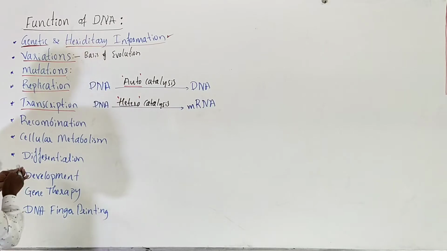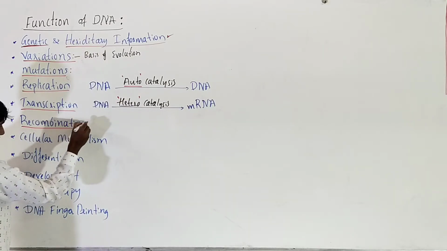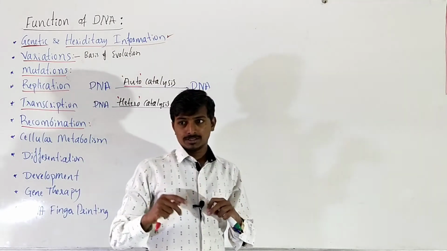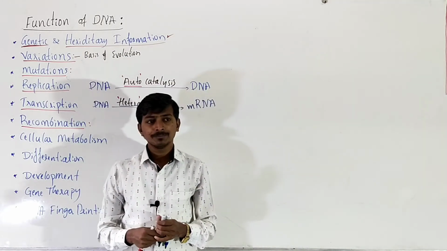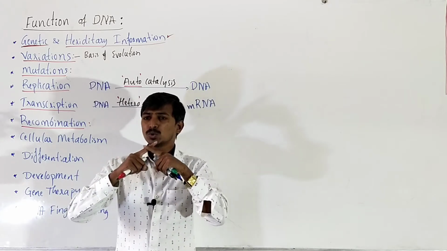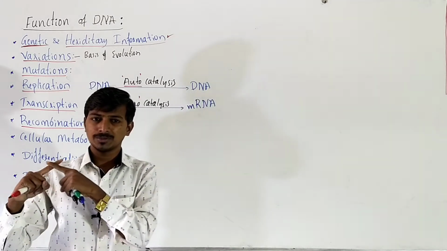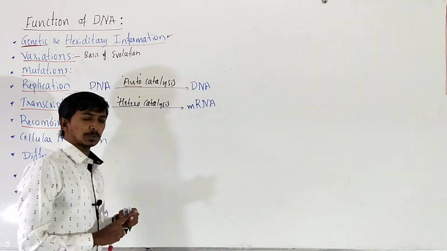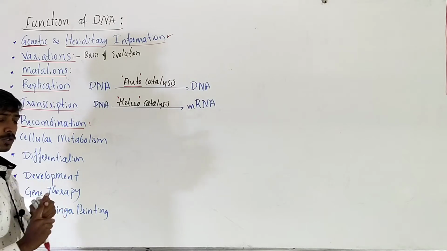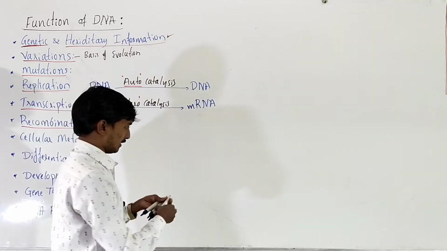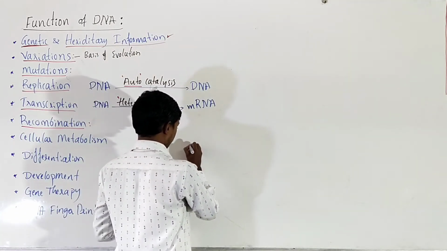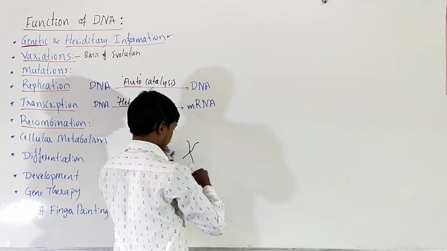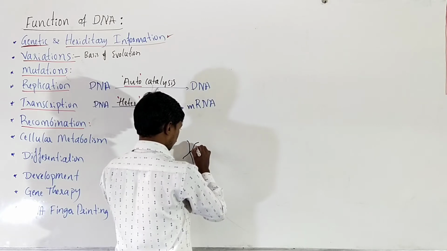Next, recombination. It means during meiosis, there will be a crossing between two chromosomes. One chromosome will be from the father, one will be from the mother. In that process, the two chromosomes will exchange their genetic material. For example, I will just draw a diagram: chromosome with two arms, chromosome with two arms.